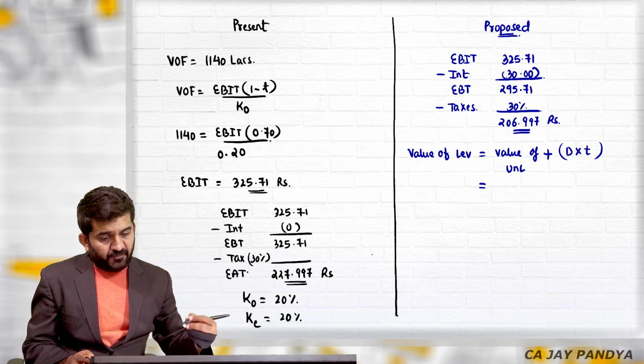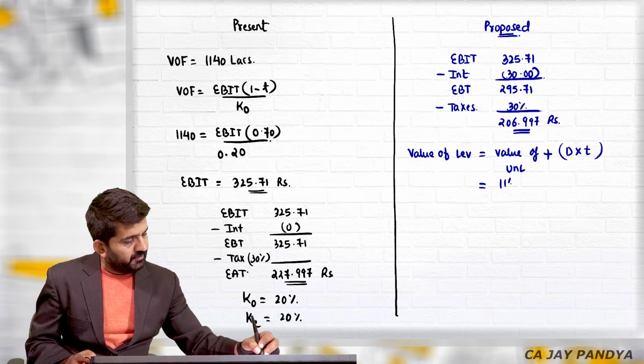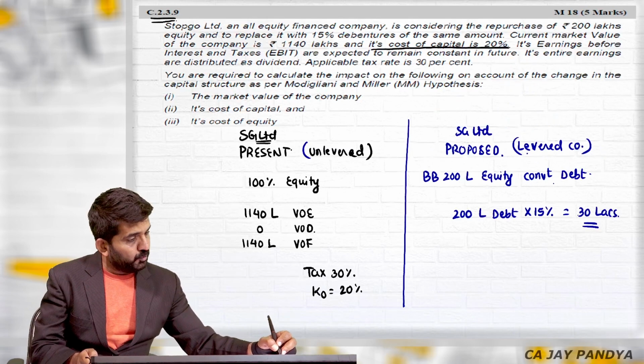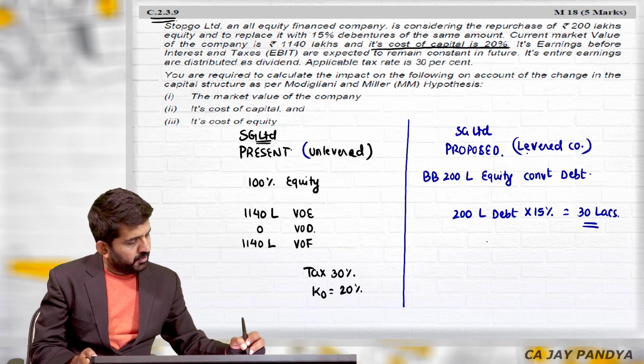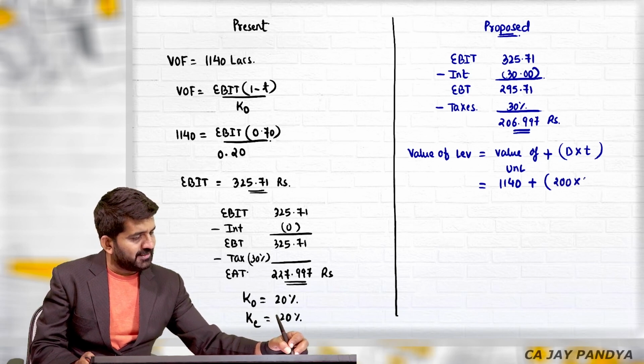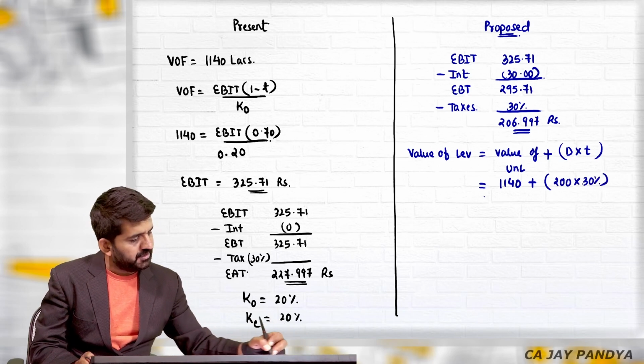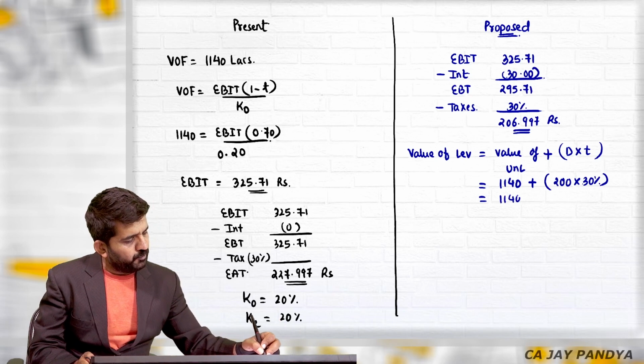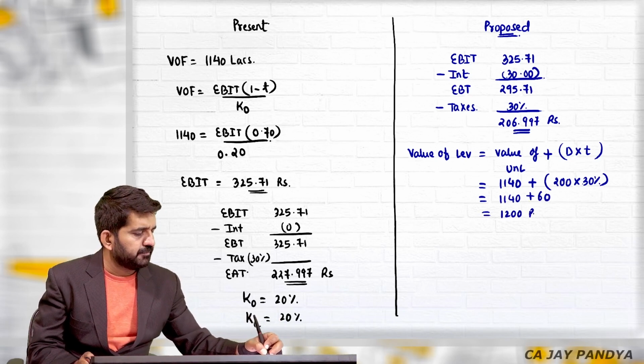What is the value of the unlevered firm? 1140 plus how much debt we are going to issue? 200 lakhs into the tax rate, which is 30%. So it is 60. 1140 plus 60 will be 1200.